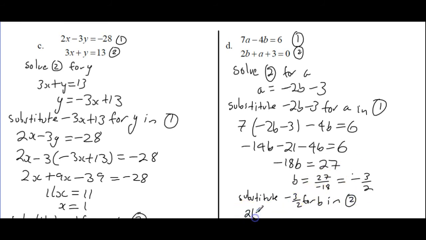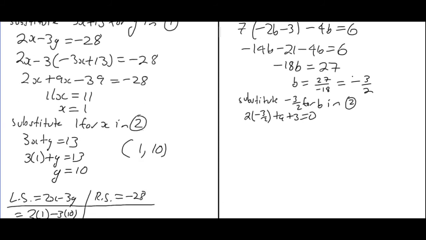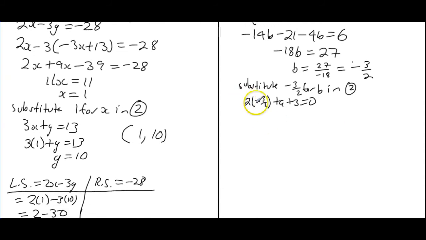That'll be 2 times negative 3 halves plus a plus 3 equals 0. The 2's cancel, so you get negative 3 plus a plus 3 equals 0. 0 plus a equals 0, so a is 0.